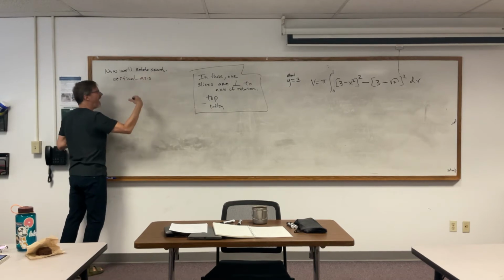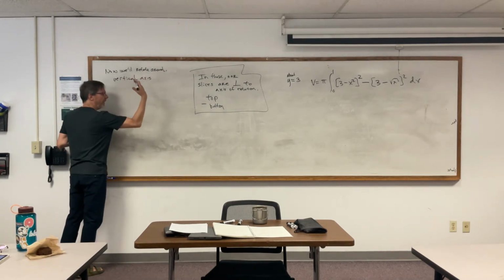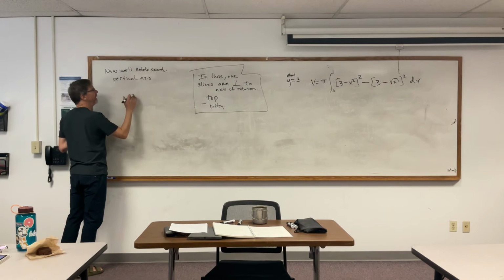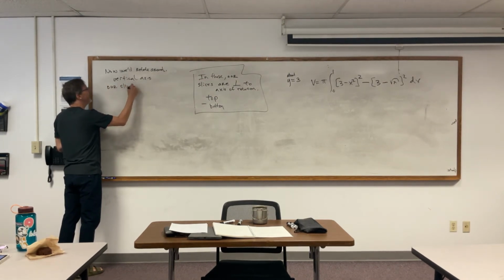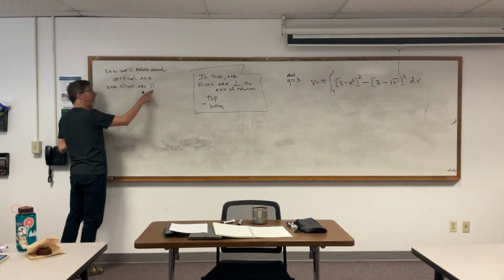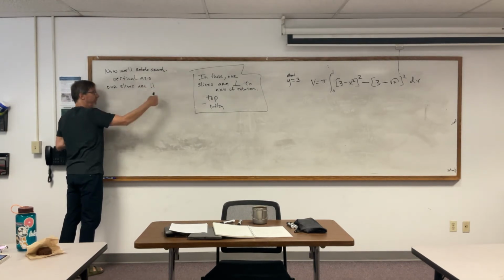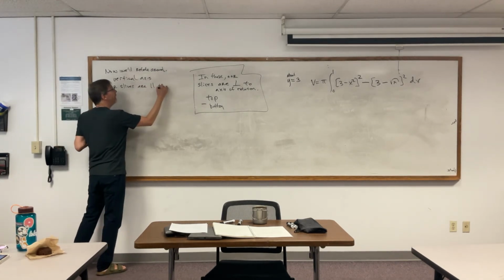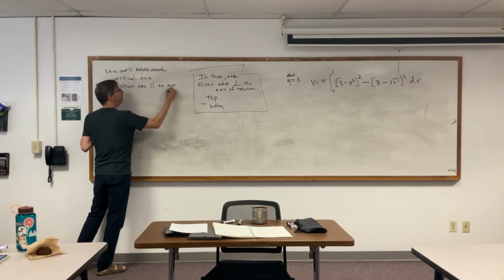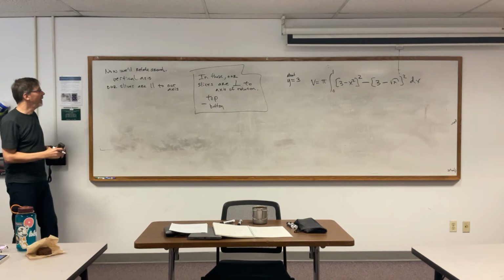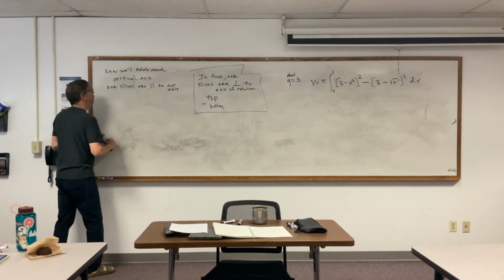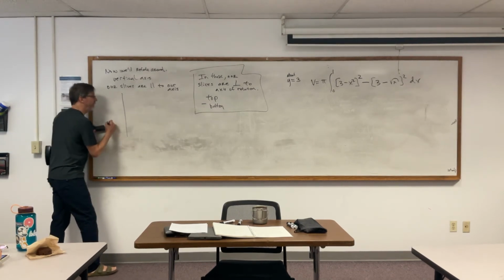So these are all going to be x equals something, where the x coordinate is constant. And our slices are parallel. That's the symbol for parallel. That's the perpendicular symbol. Parallel to our axis.